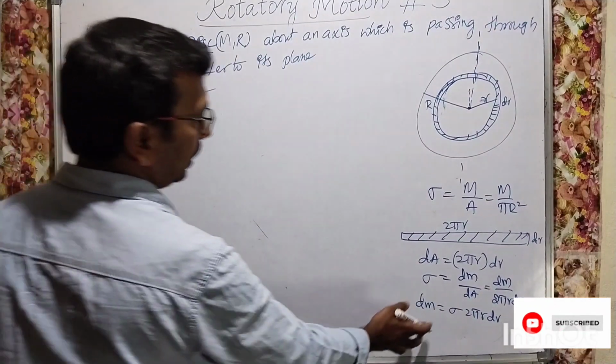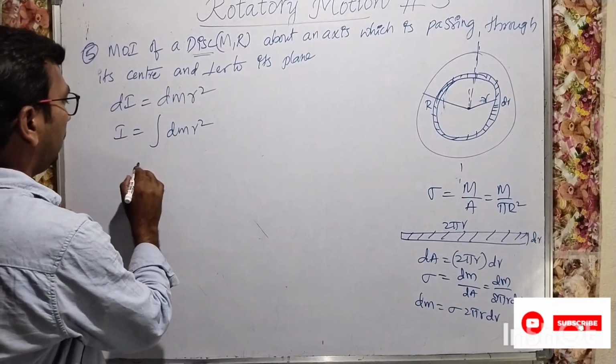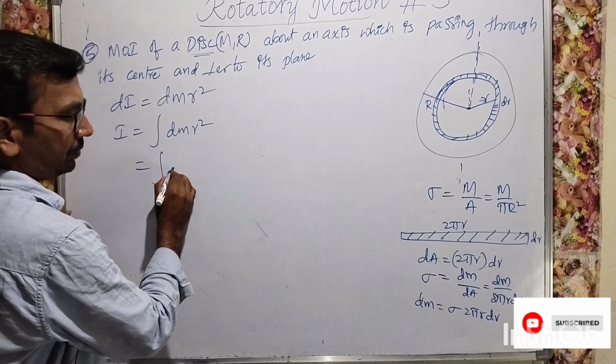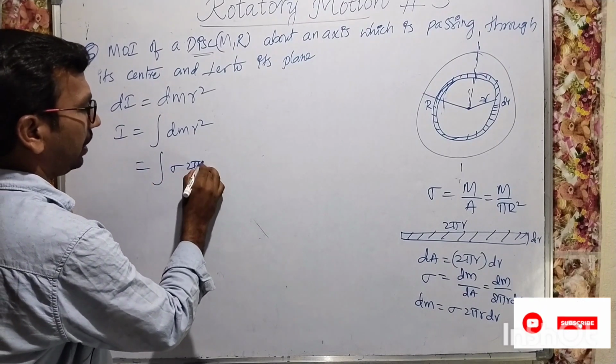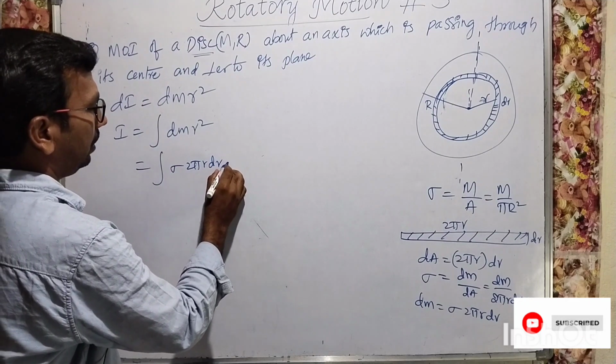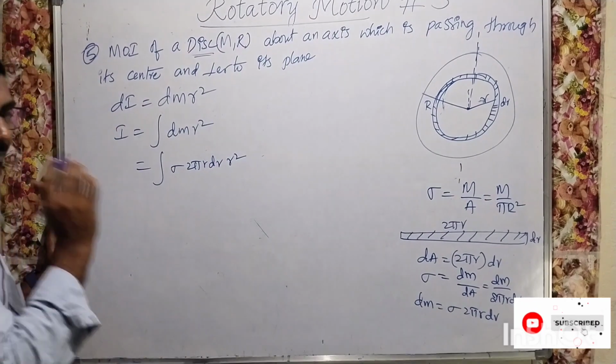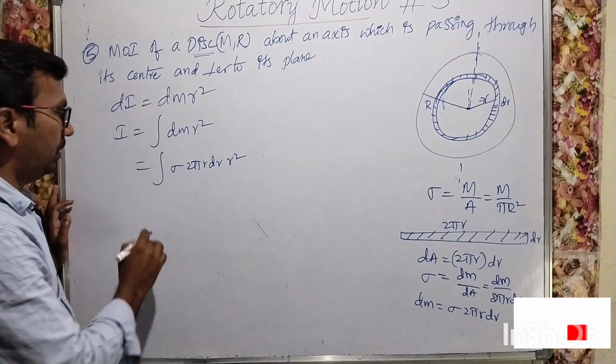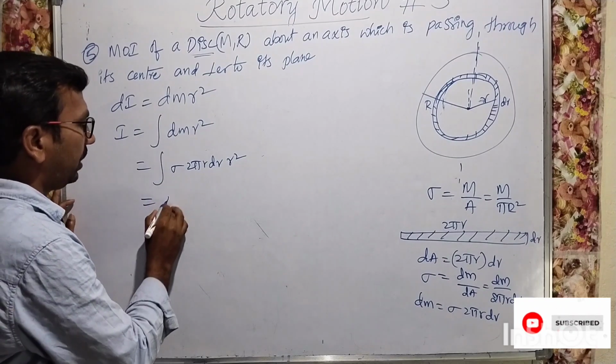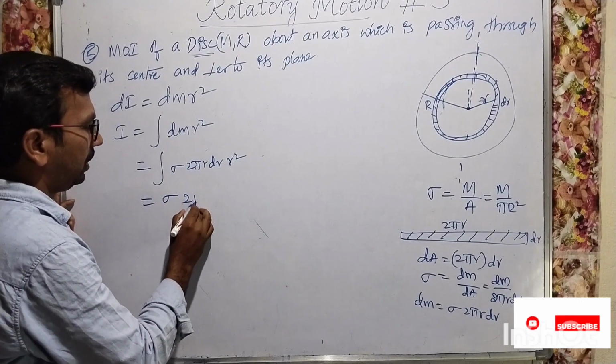So substitute this dm value here: integration of sigma 2 pi r dr r square. Here sigma is constant, and 2 pi is also constant.